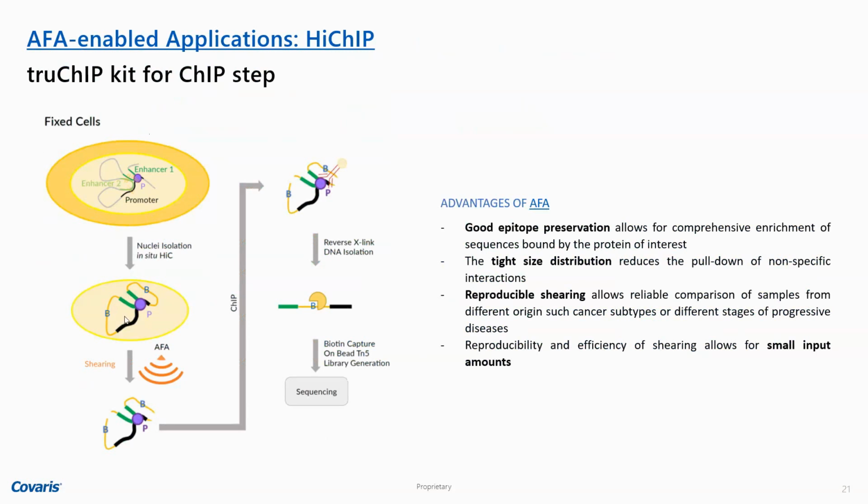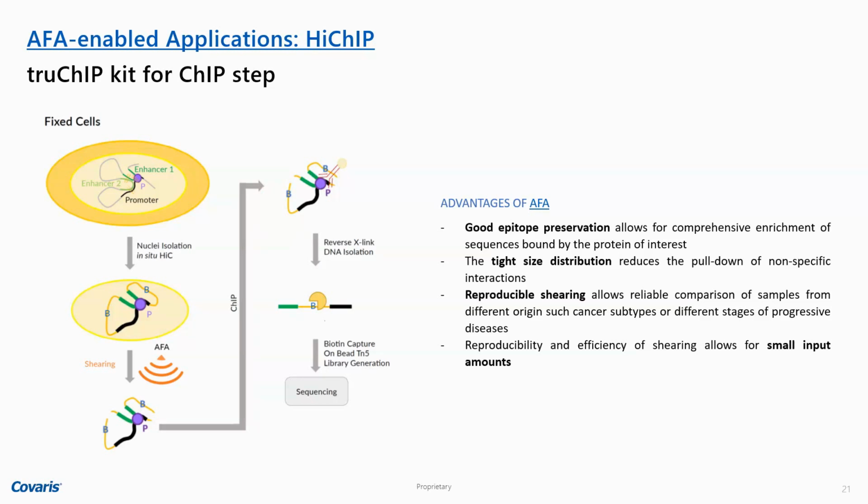Then you would do the in situ Hi-C, meaning that you end up with your ligated and biotinylated contacts. And you use Covaris AFA in order to lyse the nuclei and perform the shearing. Then you perform your ChIP assay, the reverse cross-linking, DNA purification, and the pull-down of the biotinylated fragments.